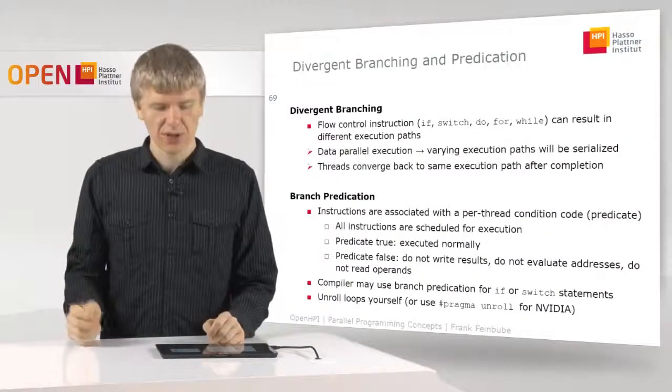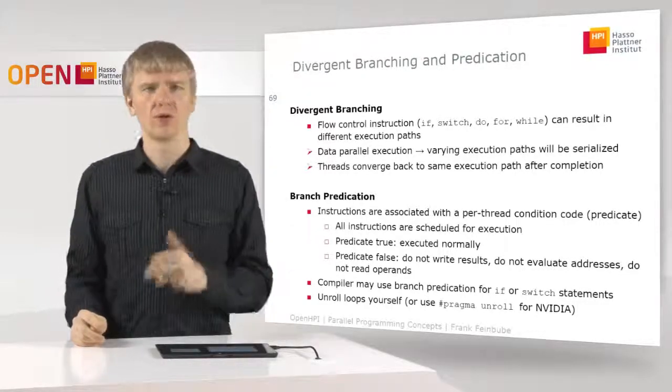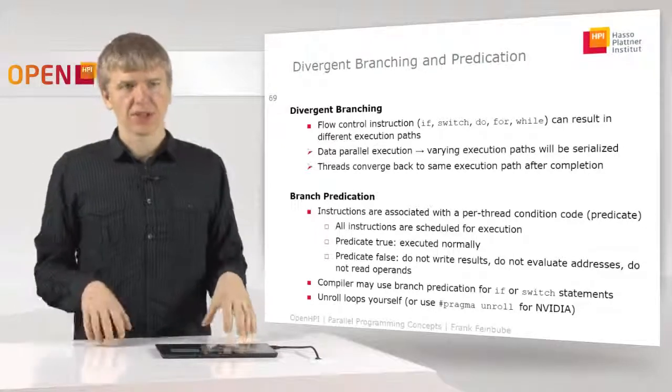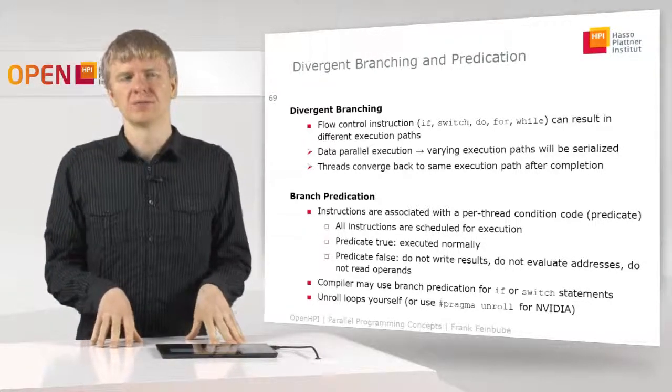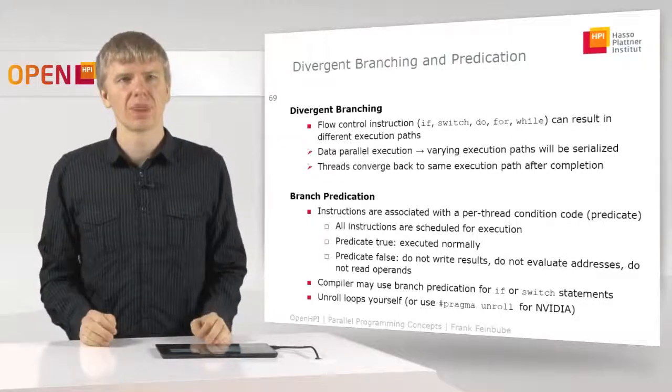Divergent branching occurs if you have an if statement, a switch statement, a do, for, or while statement. This leads to different execution paths, and this is something that you really want to get rid of. You want to have them all do the same thing.